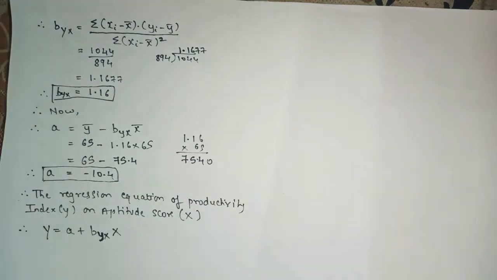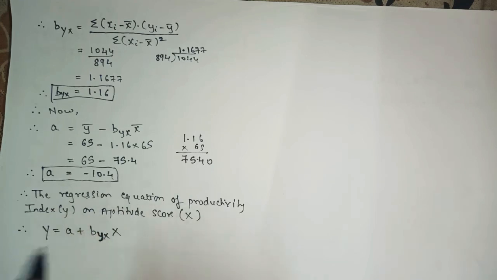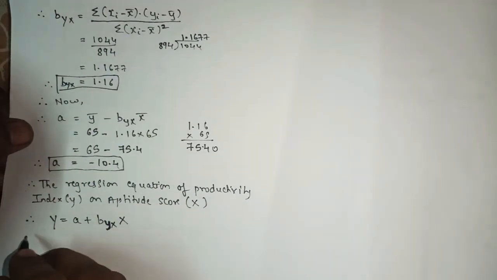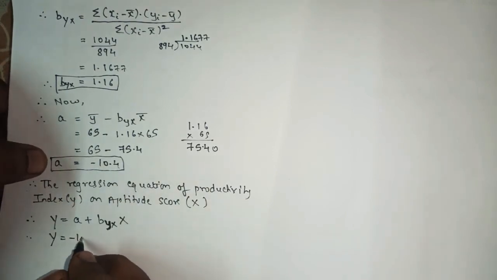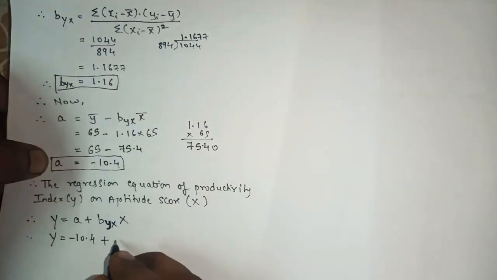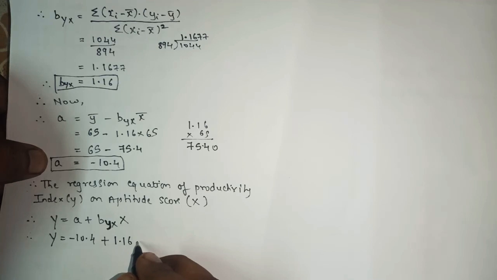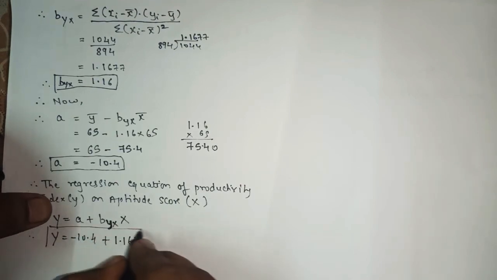Okay, now as we have to find the regression equation y on x, the y on x formula is: Y equals a plus byx into capital X. So we'll keep this y as it is. Here the value of a is minus 10.4 plus byx, which is 1.16, and this is x. So now we got only a regression equation.